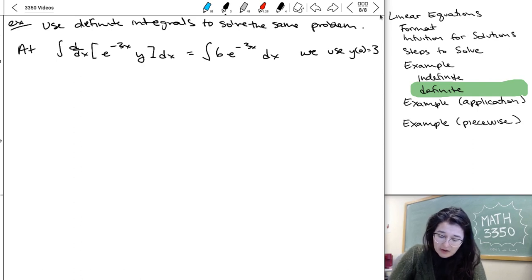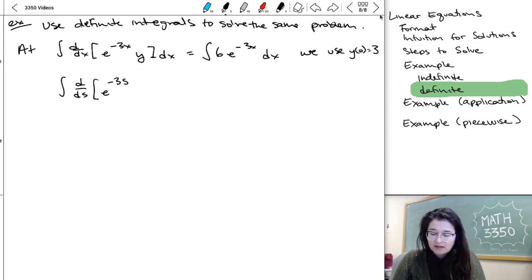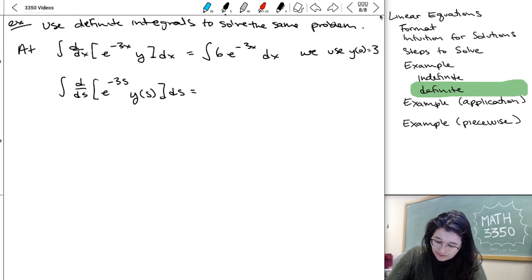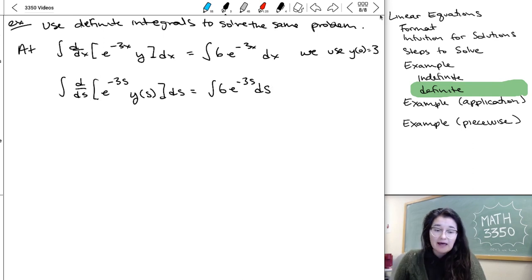So in this case, I'm going to go ahead and switch to those placeholder variables. And all my integrals use x's, so I'm actually just going to have that one placeholder variable s. And I'm going to remind myself that y is also a function of x or s. Oops, no x's, only s's.